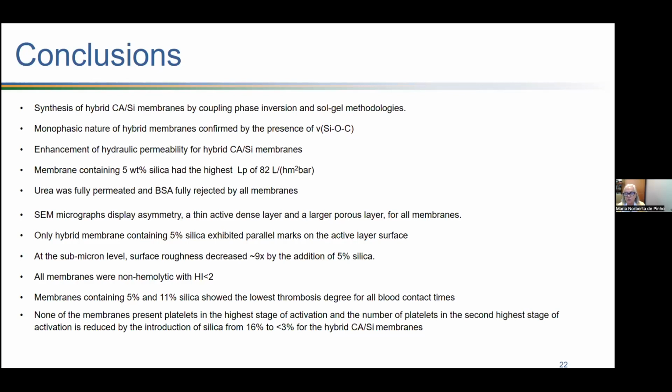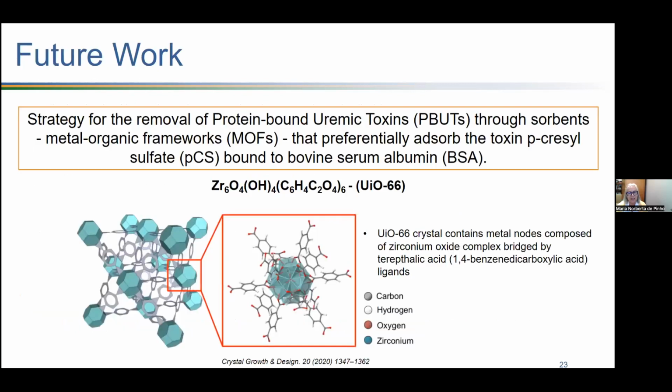I would like to go to future work. Where are we aiming? We are aiming now to enhance the removal of the protein-bound uremic toxins, and we are doing that through the addition of metal organic frameworks, MOFs, that preferentially absorb the toxin bound to the albumin, so we get this toxin free, and the toxins will go through the membrane and be removed.